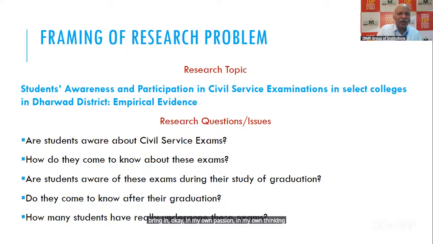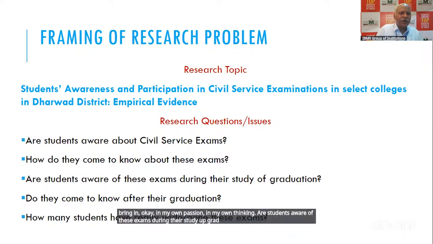Are students aware of these exams during their study of graduation? Do they come to know after their graduation? How many students have really undergone these exams?